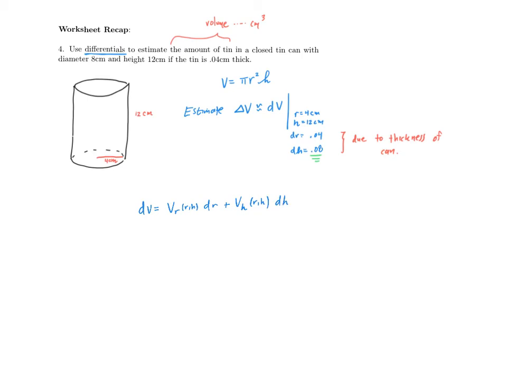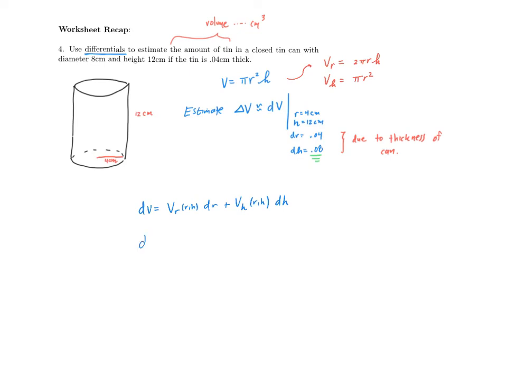And going back to our above formula for V, we can note V sub r, the partial derivative with respect to r, is 2 pi r h. V sub h, the partial derivative with respect to h, is simply pi r squared.